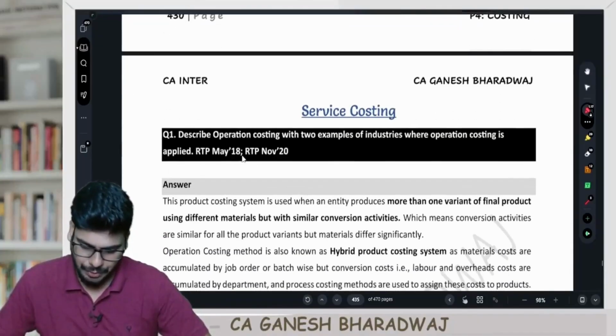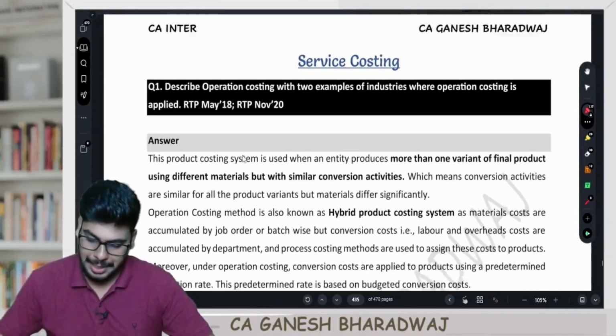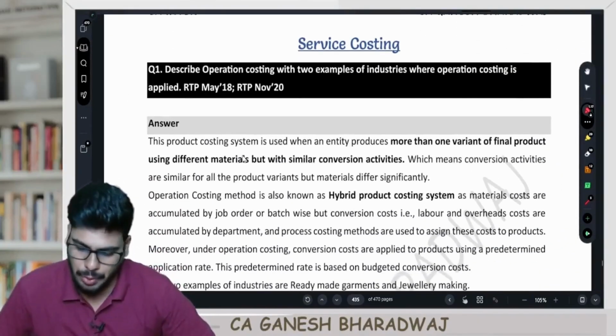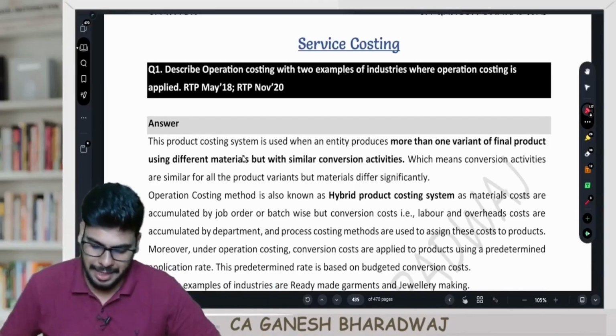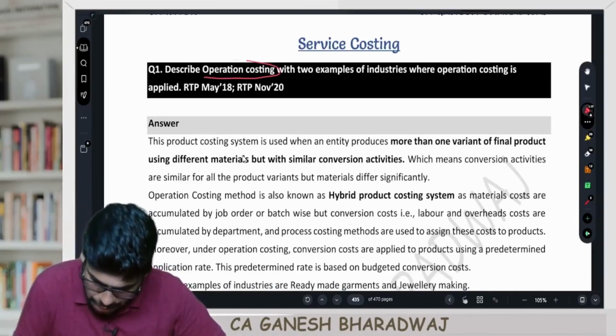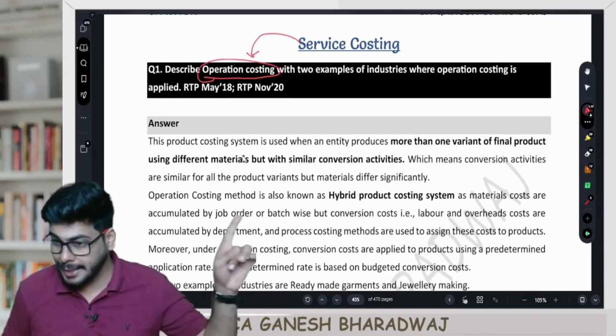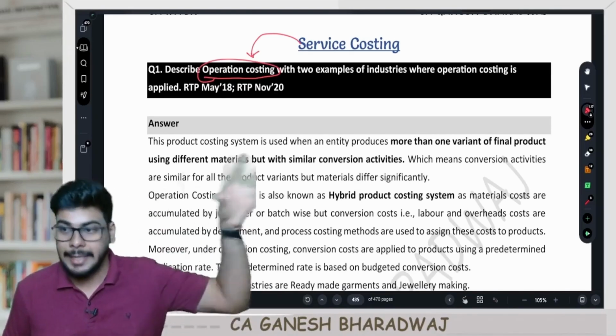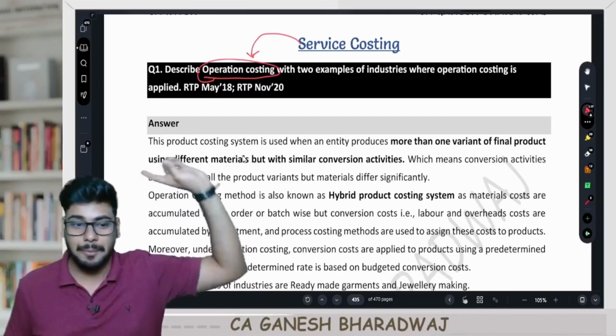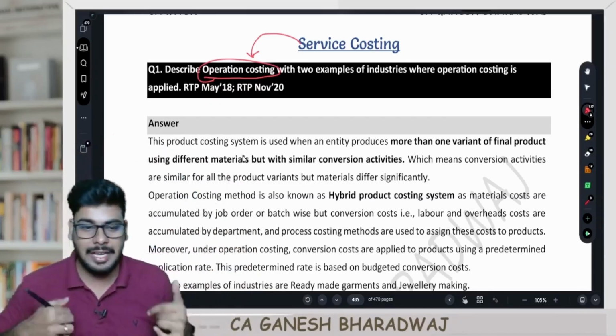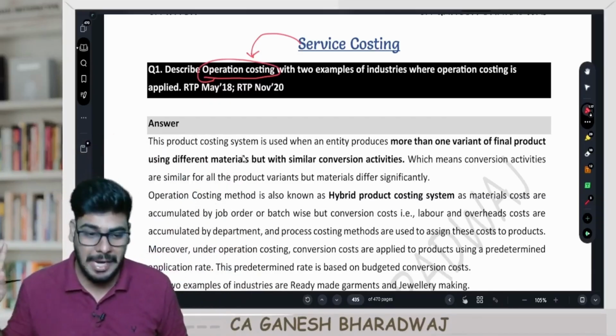Okay. First, describe operation costing with examples of two industries where operation costing is applied. Now, guys, I told you operation costing is another word used for service costing, not operating. Operating costing comes under process. Whereas here it's service costing or operating costing.